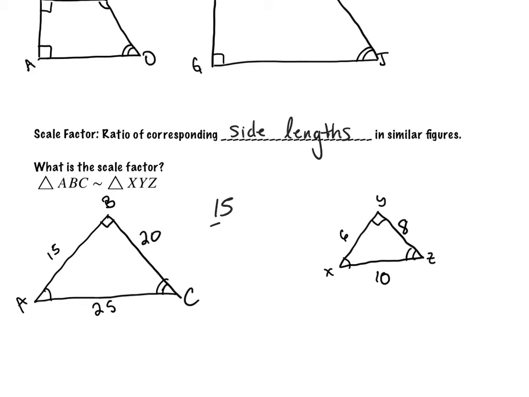So if I say 15, what side corresponds to 15? 6. So 15 over 6, and now I want to reduce that. What's going to go into both 15 and 6? 3. So they're both divided by 3. My scale factor is 5/2.